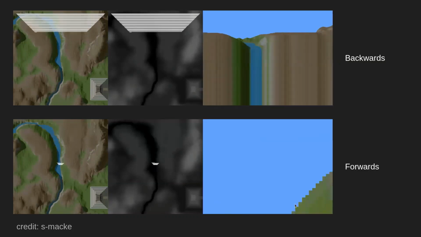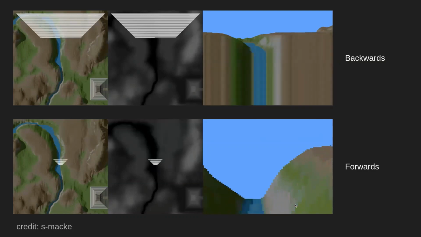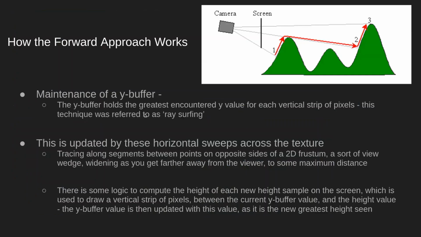And so basically what that is, it maintains a Y buffer. There's some logic to translate the sample of height into the height on the screen. And the Y buffer contains the highest Y value that you've seen so far in the rendering process for a given column on the screen.